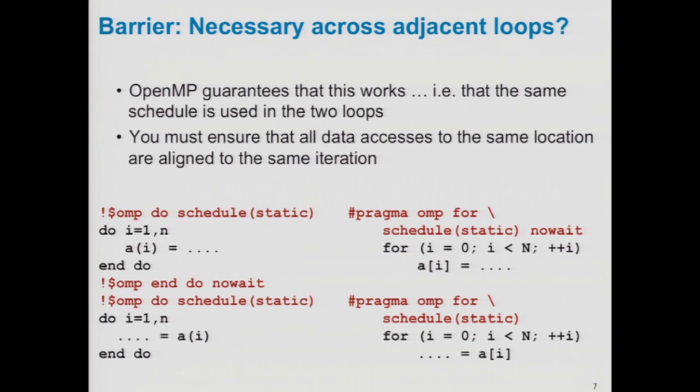Earlier we talked about barriers, that OpenMP started out as sort of a SPMD fork join type of language. You forked a bunch of threads, you did some work, you hit a barrier, you forked some more, or you assigned some more work, you hit a barrier, and those barriers are expensive. So you only want to use them when it's absolutely necessary.